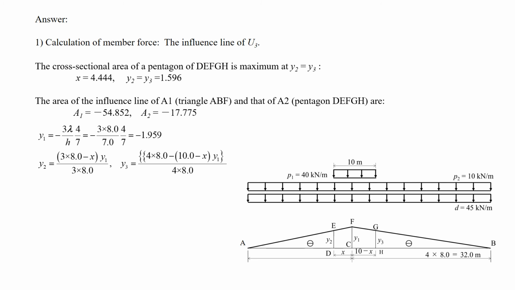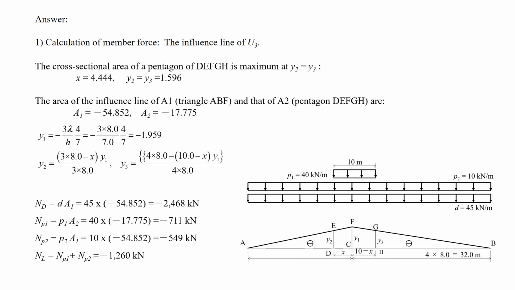Then we can get A1 and A2. A1 is triangle ABF and A2 is pentagon DEFGH. So the member forces due to dead load and live loads are calculated like this.